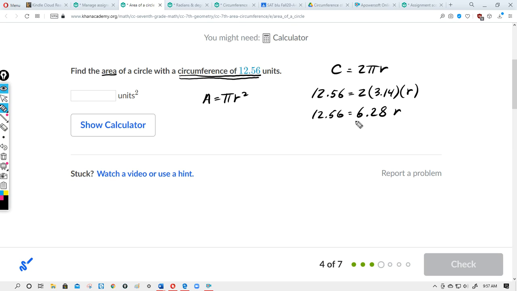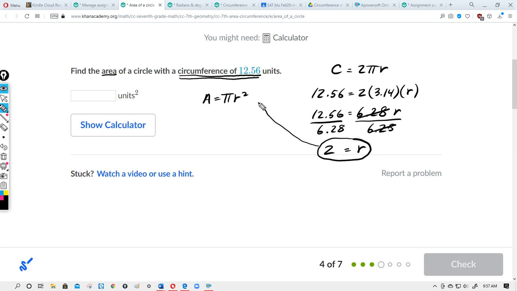Solving for r, just divide both sides by 6.28, and it should come out to an even whole number with no decimal. 6.28 over 6.28 cancels. Do this on the calculator, and you get 2. So we're using r equals 2 in the area formula.